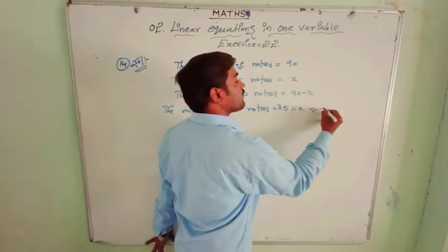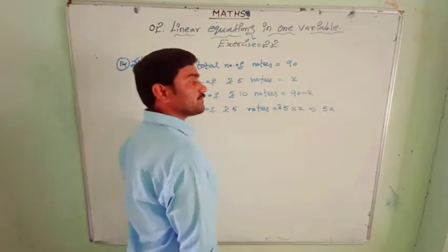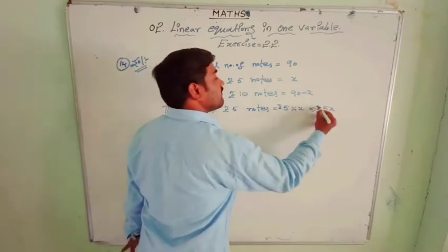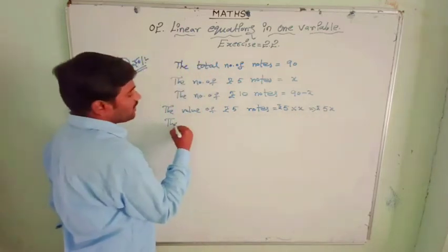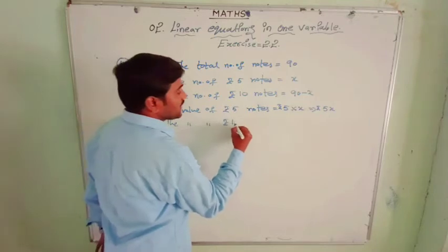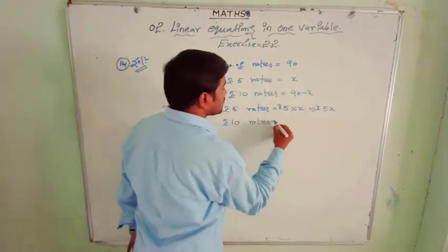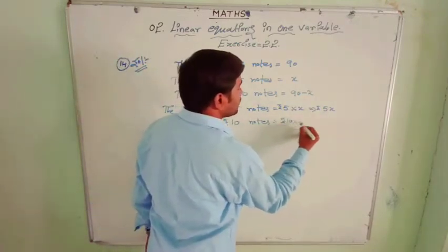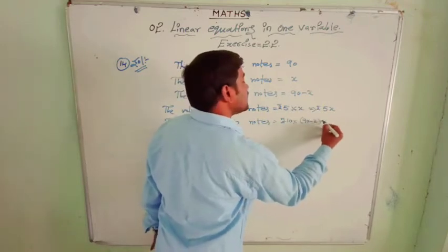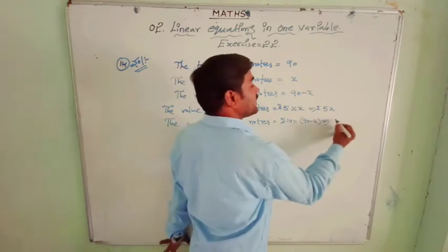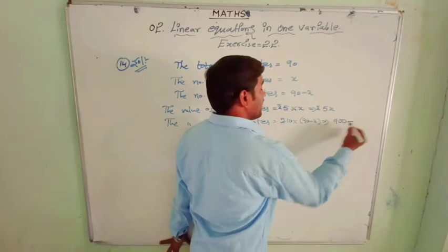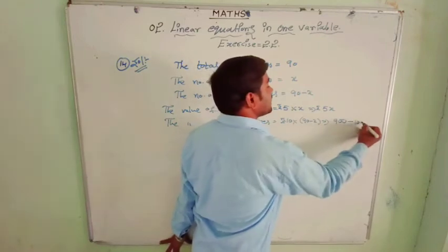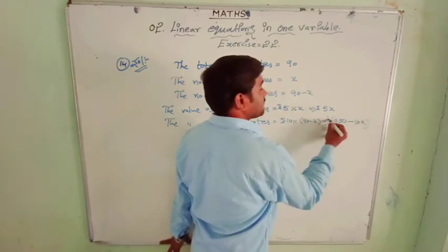Then the value of rupees 10 notes equals rupees 10 into 90 minus x, that is 900 minus 10x.